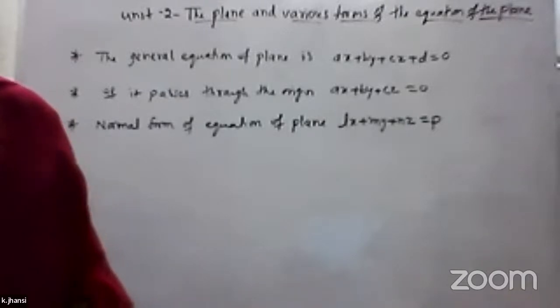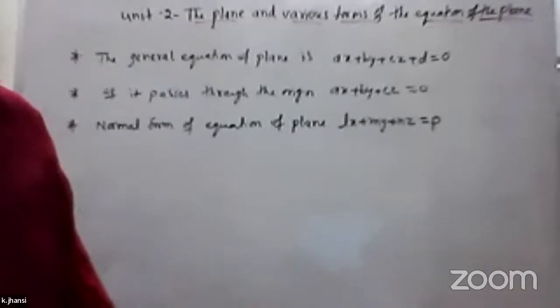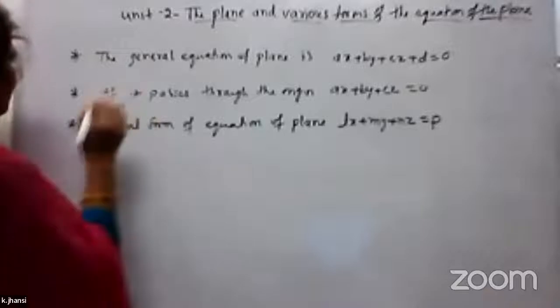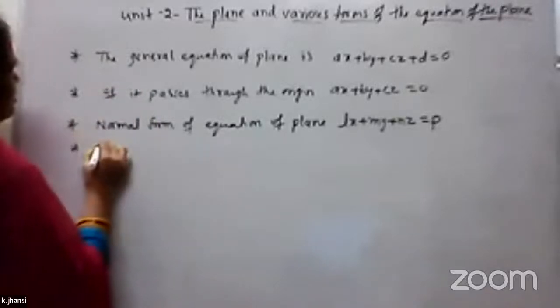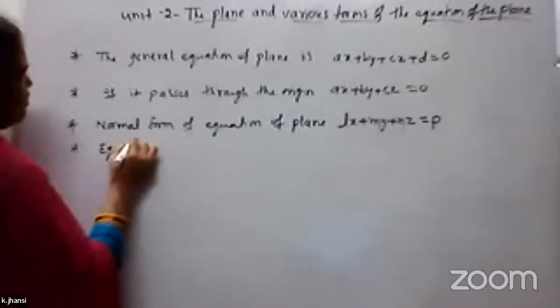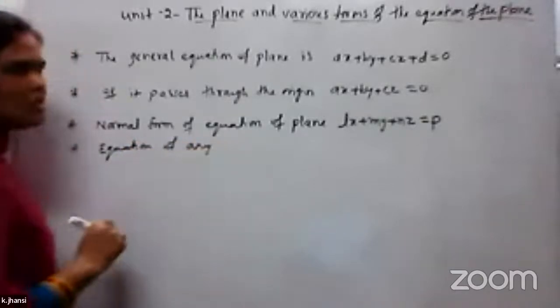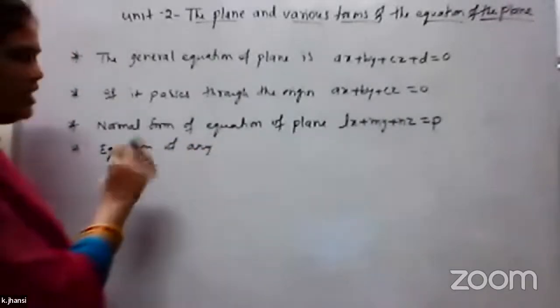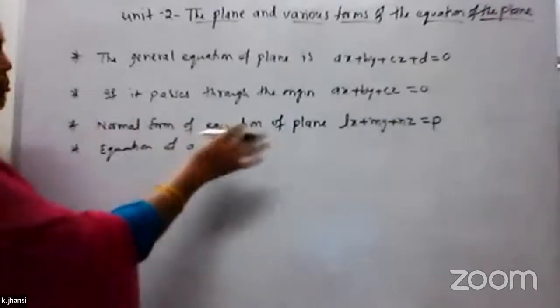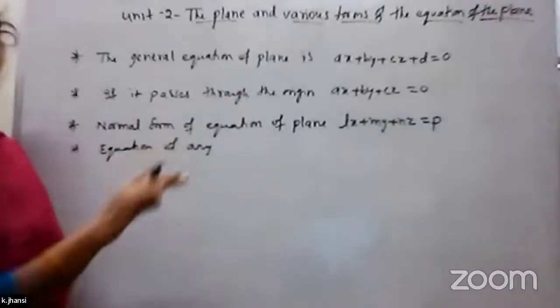So before that, first is the general equation of the plane. After that, while the introduction, I have told the equation of any plane passing through a point. This is the important one. You may get even an objective type question directly on this. If you substitute the given point in the equation, you will get the equation of the plane.